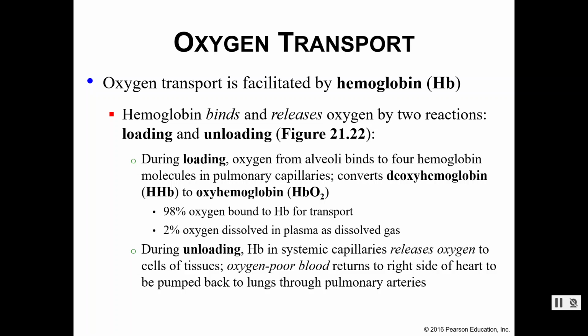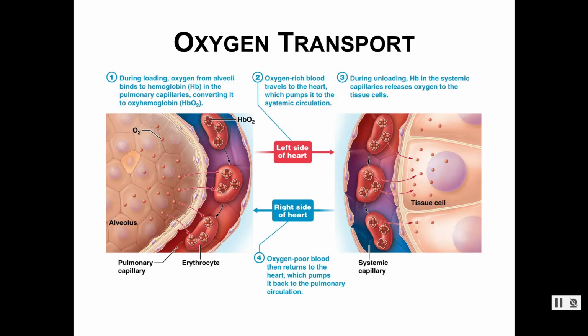We're going to dump it off into the cells and tissues, so we've turned the hemoglobin back into deoxyhemoglobin. That oxygen will then be used by the cells and the tissues, obviously. And then the oxygen poor blood just goes back to the lungs eventually, so we can do it all over again.